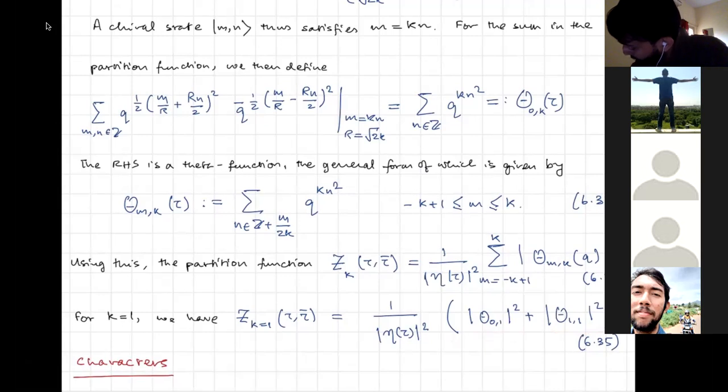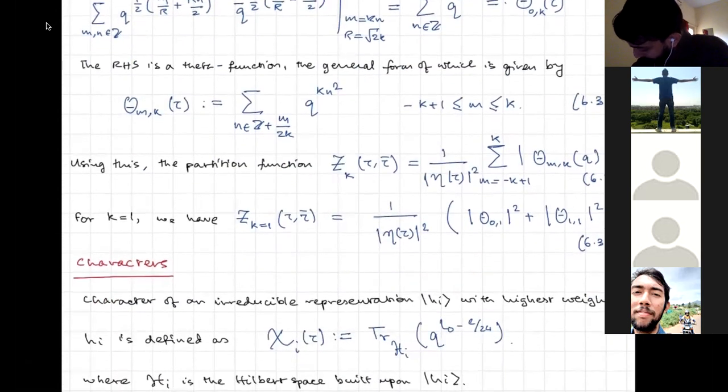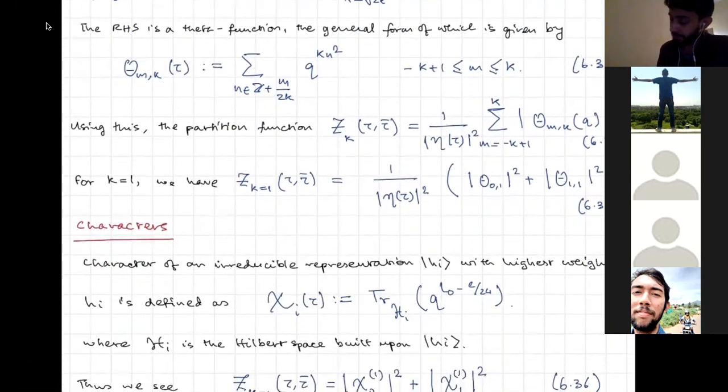Okay. Now we are going to define something called characters. So what are these? Characters of an irreducible representation with highest weight h_i are defined as chi_i of tau, where you take the trace of q to the L naught minus c over 24.